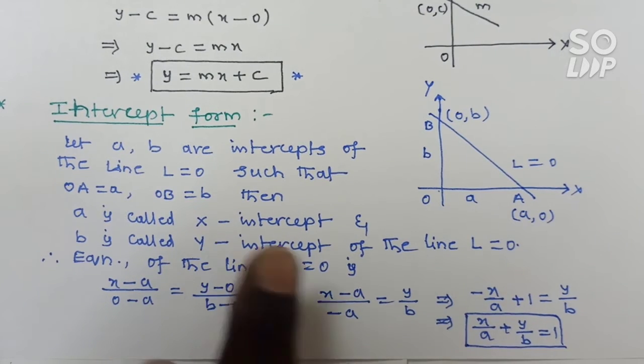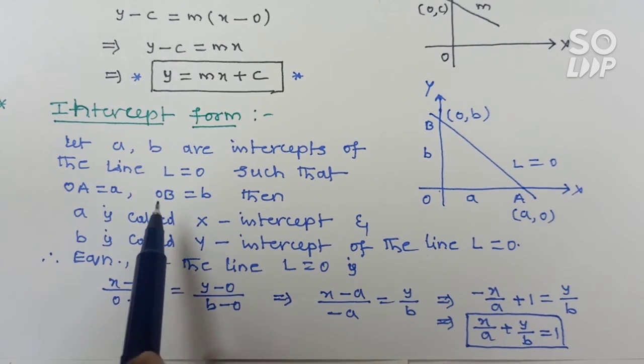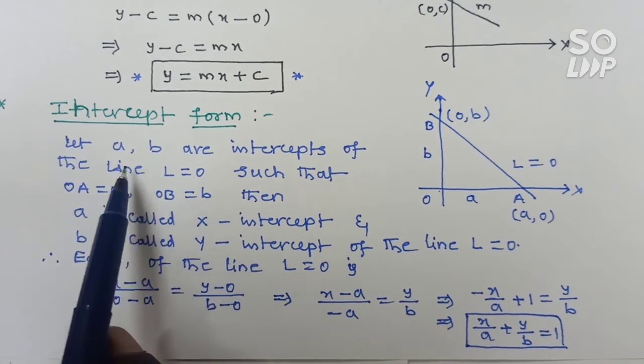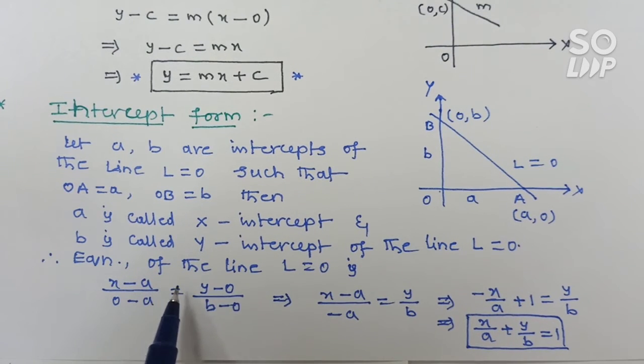Without this explanation, I could simply write this formula, but only a few students would understand how you are getting this equation. So clearly here I explained what the x-intercept and y-intercept are, and how you get the equation of the line in the intercept form.